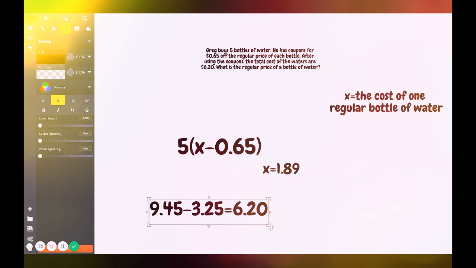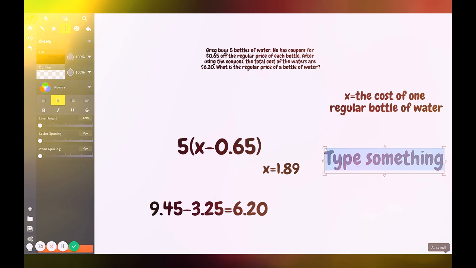Now, you get 6.20 equals 6.20. Since 6.20 is equal to 6.20, $1.89 is the price for one bottle of water.